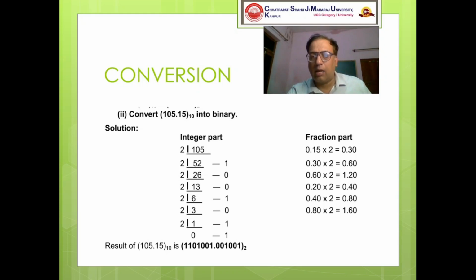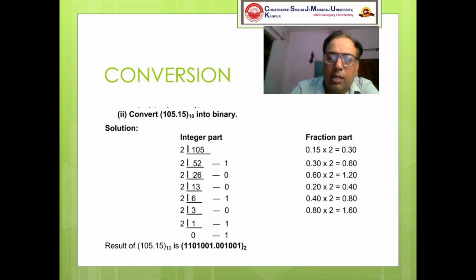As soon as we get the 1 as an integer part and 00 as a fractional part, we stop multiplying by 2. In this case, as it is repeating again and again, we can simply take the integer parts of these multiplications and write them as the fractional part of the binary number, as shown in the example.